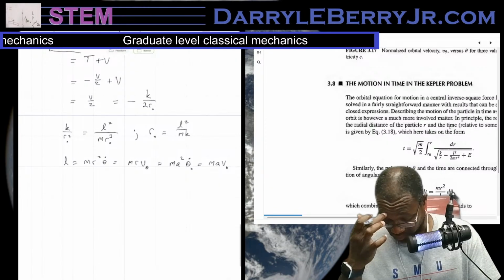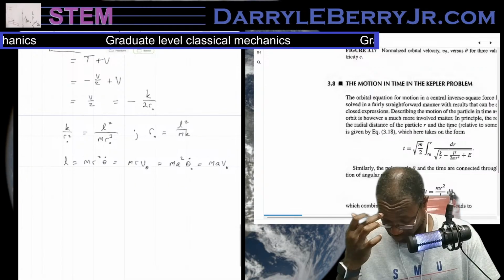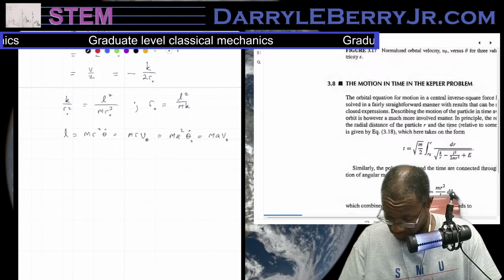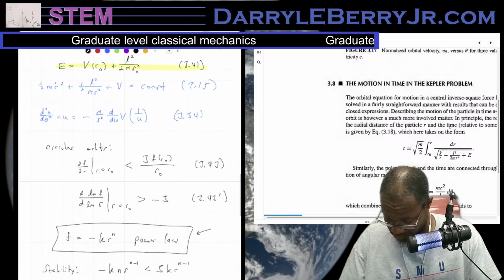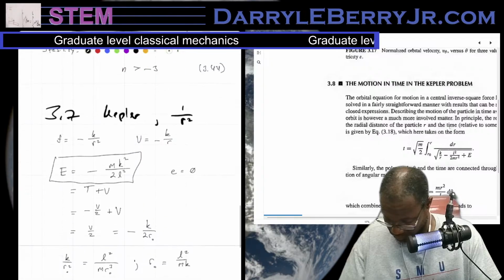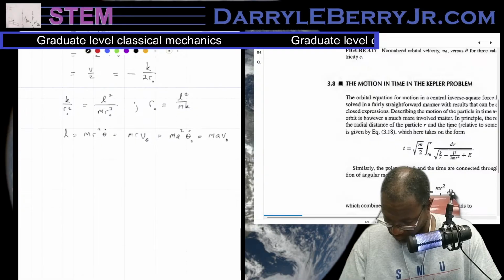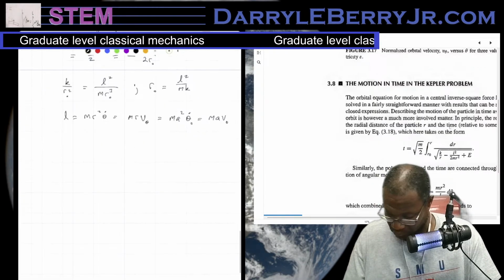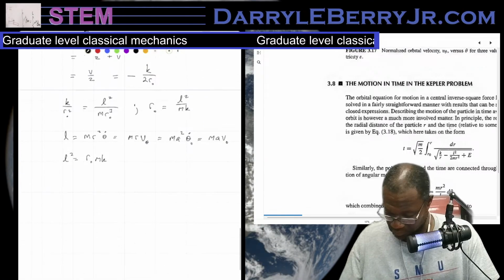So L squared equals A M R, squared equals r naught m k.